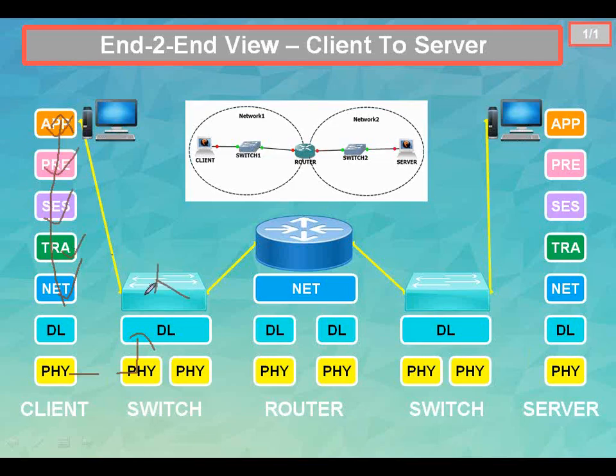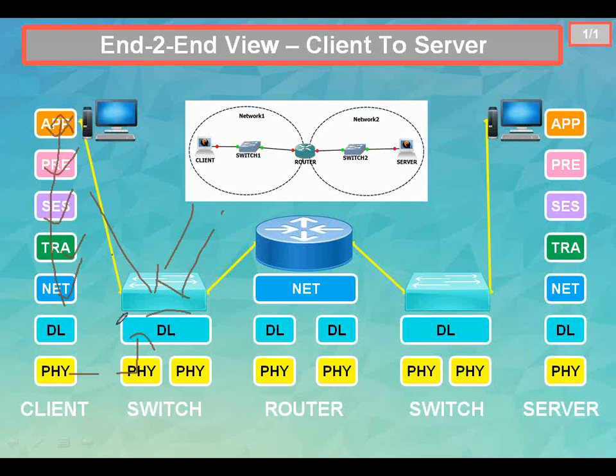Switch is only concentrating on the data link layer header, which is your Ethernet header, your MAC addresses. Why? Because the switch is connected to many machines, and it needs to decide which machine to send to. It will only be deciding that. You getting it?